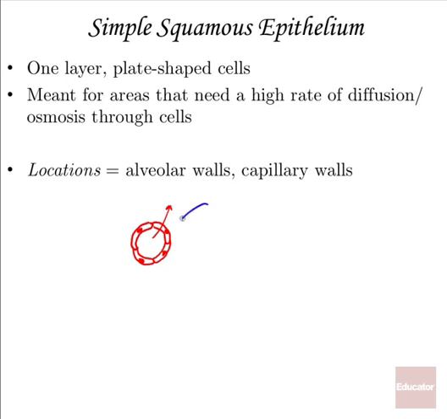So here's an alveolar bundle. If we were to take a cross section through the alveolar bundle, guess what? Also one cell thick. And so it's brilliant in terms of getting oxygen that you've inhaled into your lungs into the capillaries quickly and efficiently. And so that's ideal for diffusion and osmosis. Simple squamous epithelium.